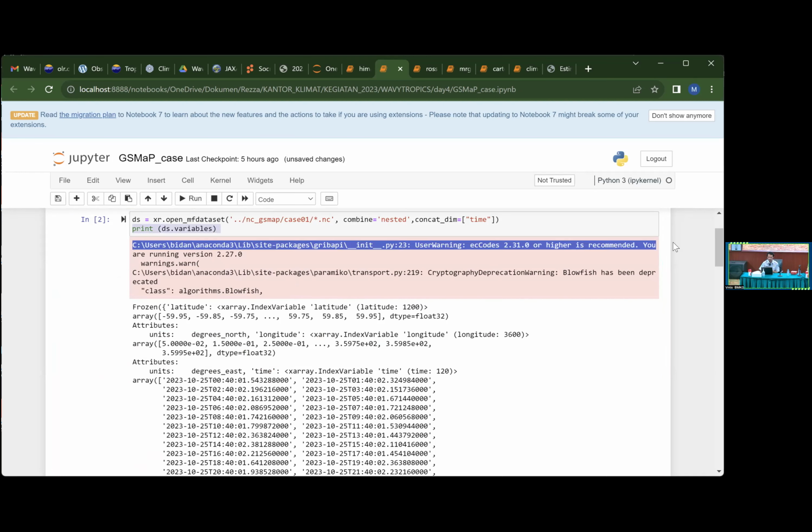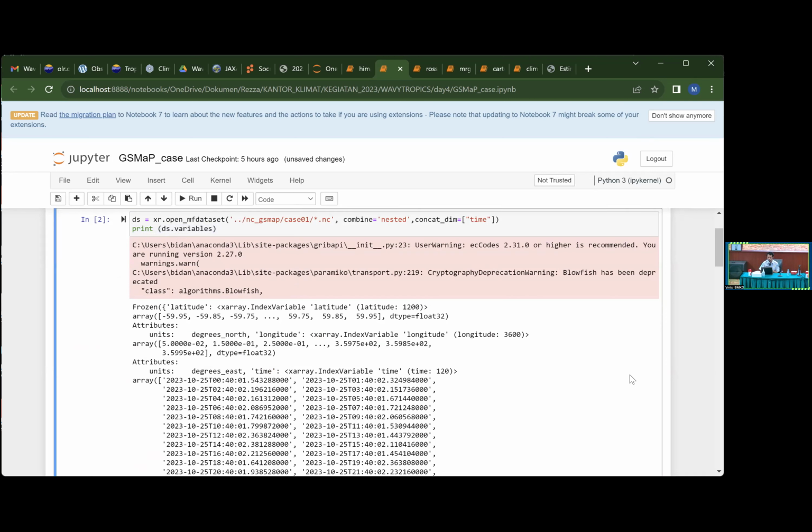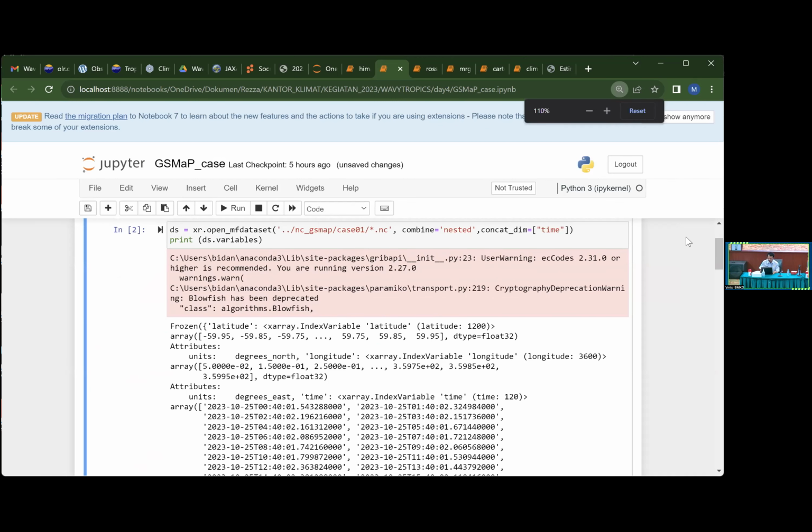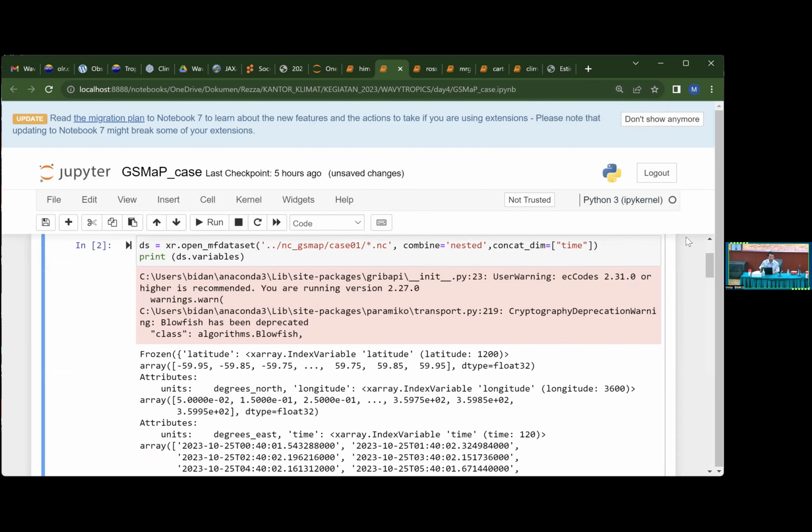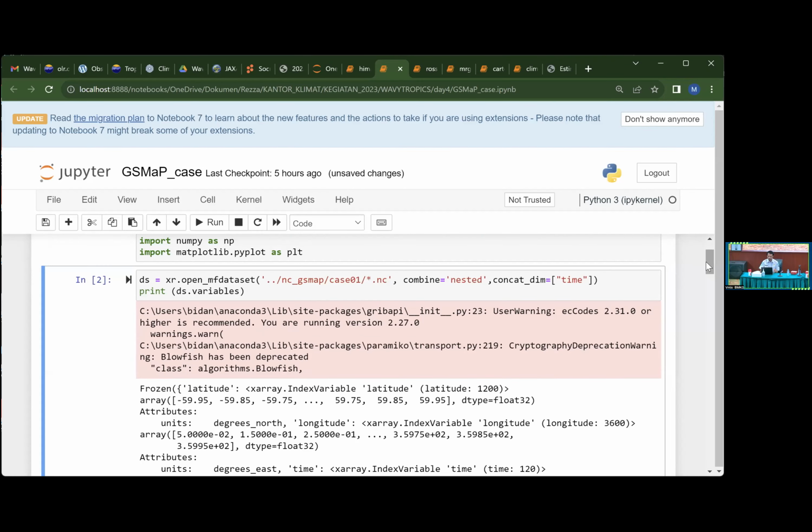Now you can check the variables by using this.